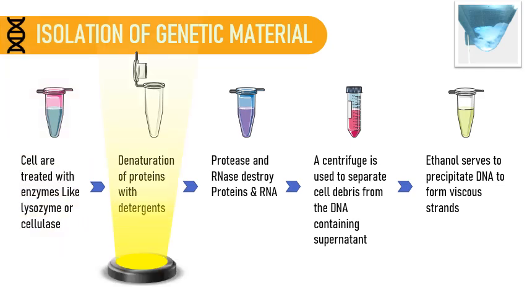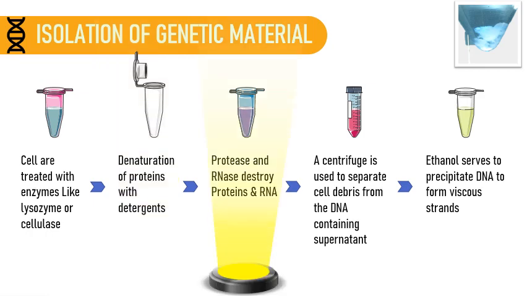Then the ruptured components predominantly containing proteins as debris will be denatured with the help of detergents like SDS, sodium dodecyl sulfate. Further, enzymatic treatments to remove other macromolecules will include proteases and RNases to destroy proteins and RNAs.